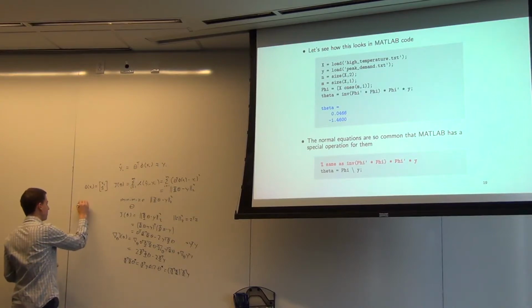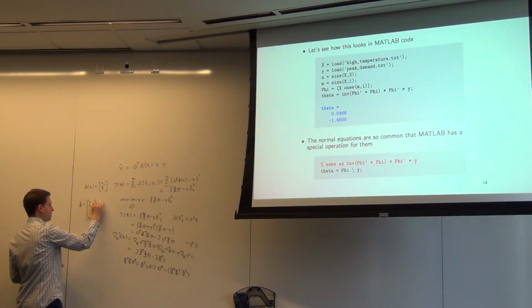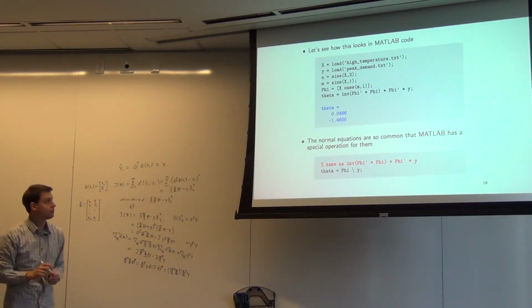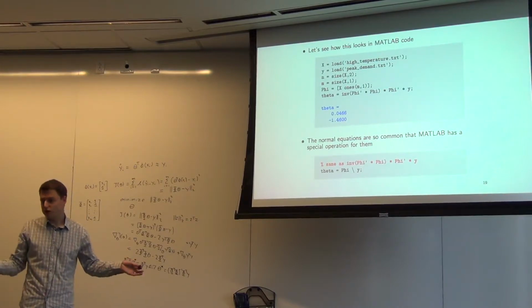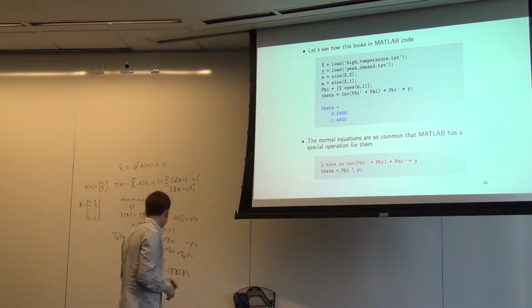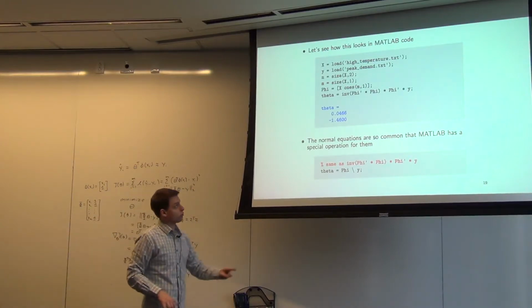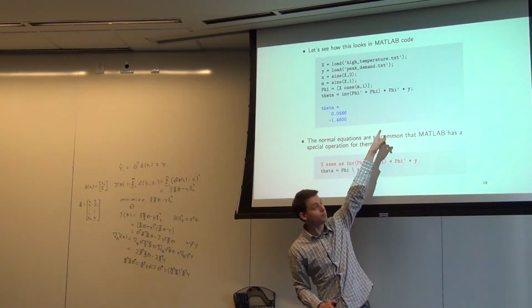So that means big phi has all the x's, x1, x2, through xm, as the first column, and just all 1s in the second column. That's what I'm doing in that fifth line. Then finally, I'm all set. We can just compute this expression, which we can write as the inverse of phi transpose phi, times phi transpose y.